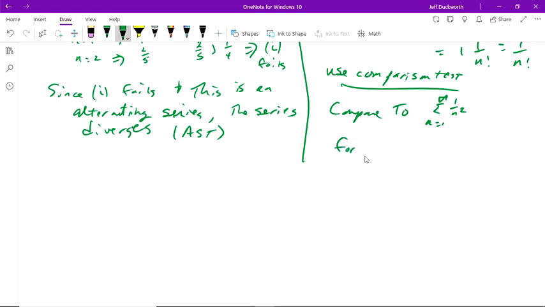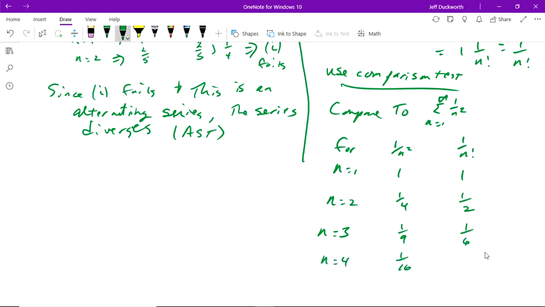For n equals 1, we've got 1 over n squared and 1 over n factorial: we have 1 there and 1 there. For n equals 2, we have 1/4 and 1/2. For n equals 3, we have 1/9 and 1/6. For n equals 4, we have 1 over 16, and then 1 over 24.